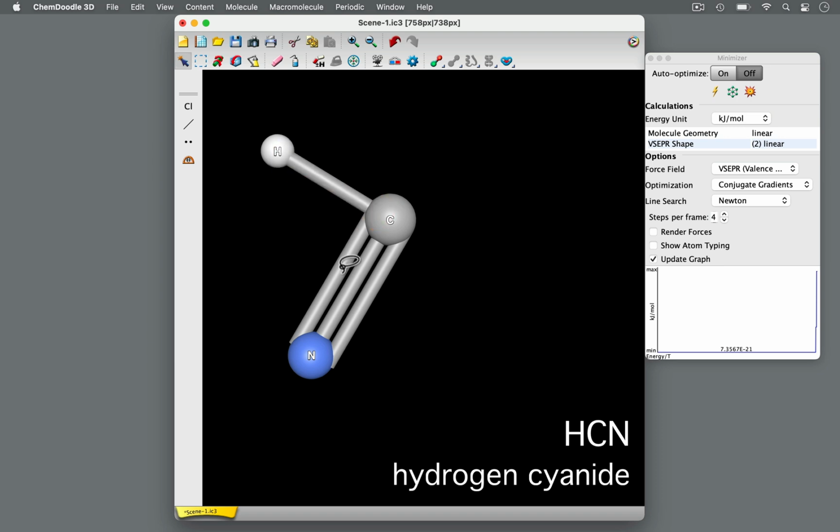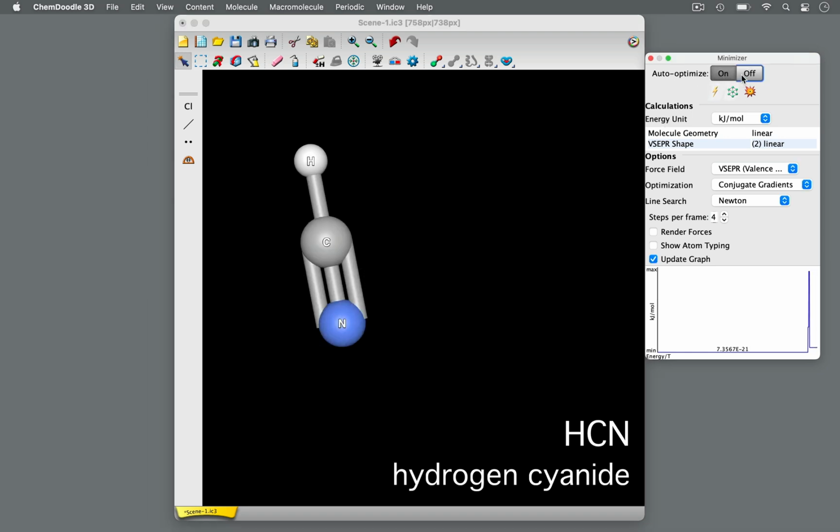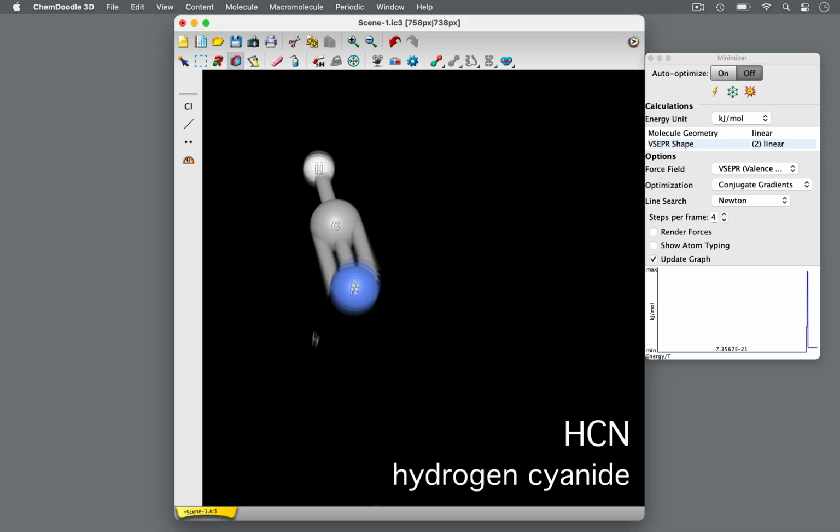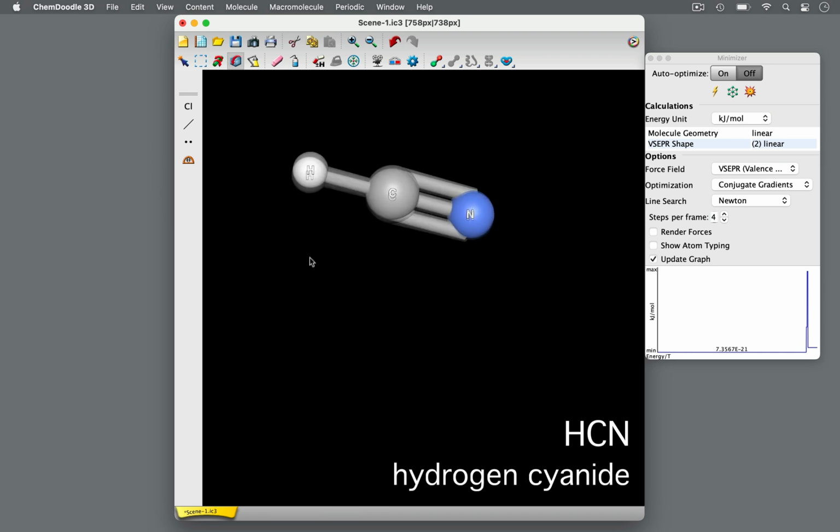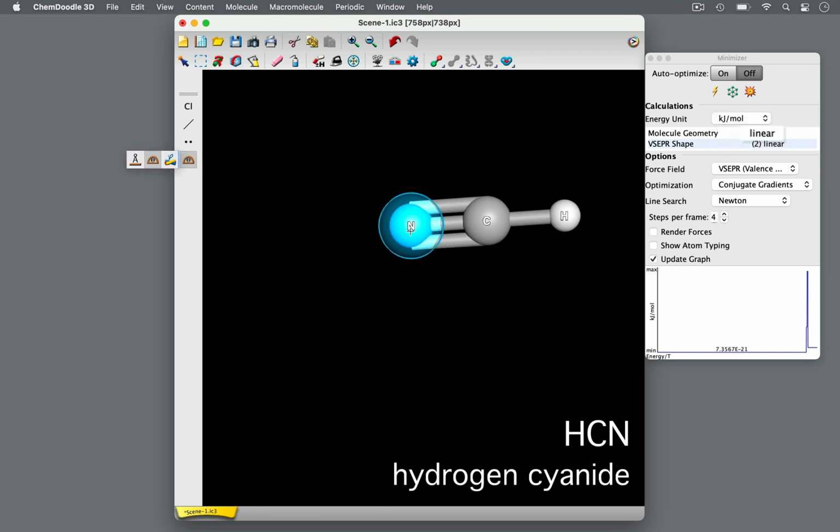Carbon has 1, 2, 3, 4 electron pairs, but there are only 1, 2 places where the electrons can be found. VSEPR theory predicts that the single bond and the triple bond will arrange to be on opposite sides of the carbon atom to minimize repulsions, thereby forming a linear geometry with a bond angle of 180 degrees.